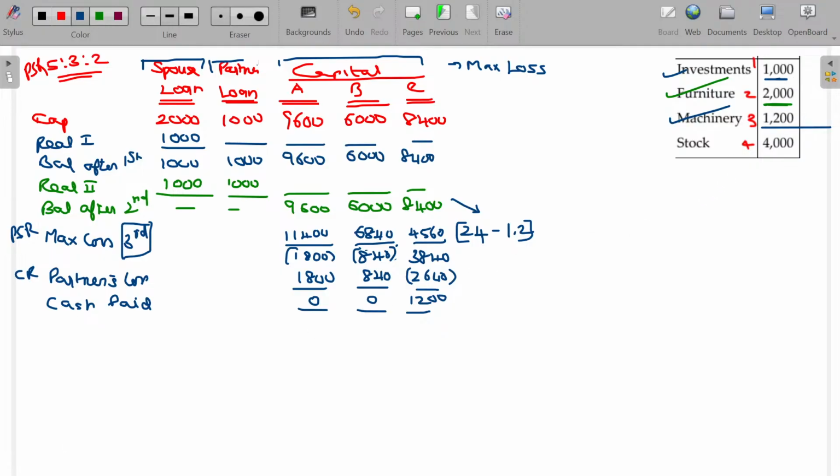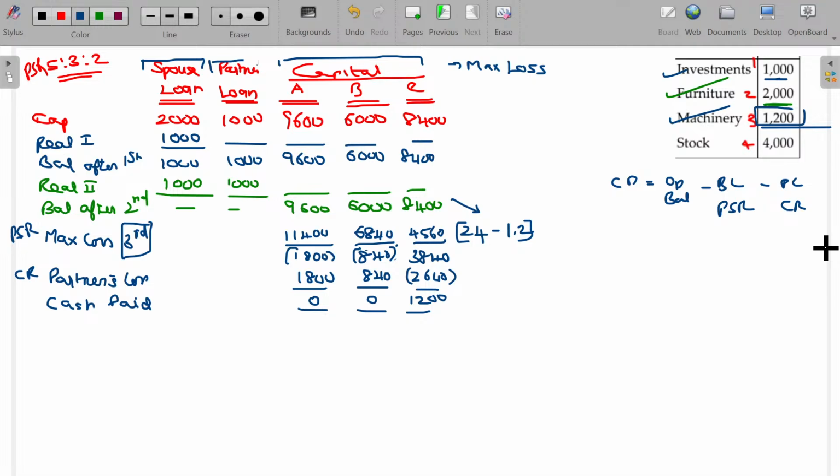Cross check. You have the amount here in the third realization. Now this third realization 1200 is payable only after the calculation of two items. What are they? Cash paid is equal to opening balance minus business loss using PSR and minus partners loss using capital ratio.